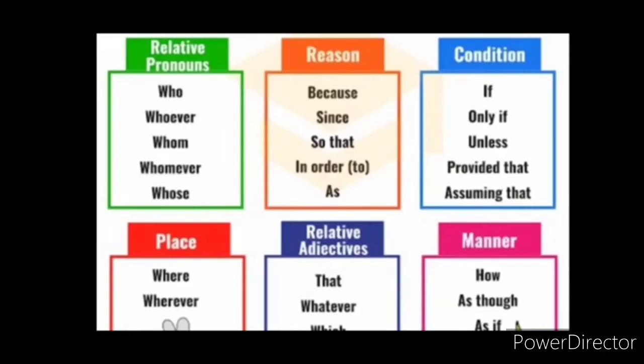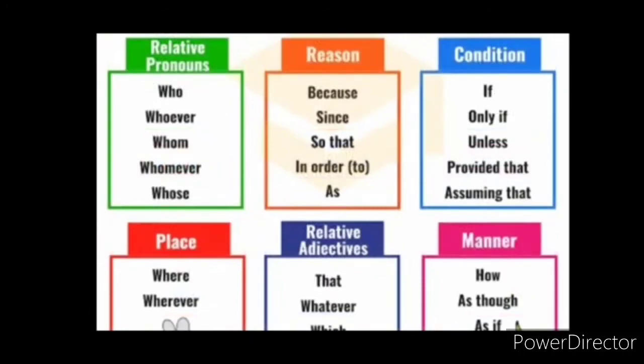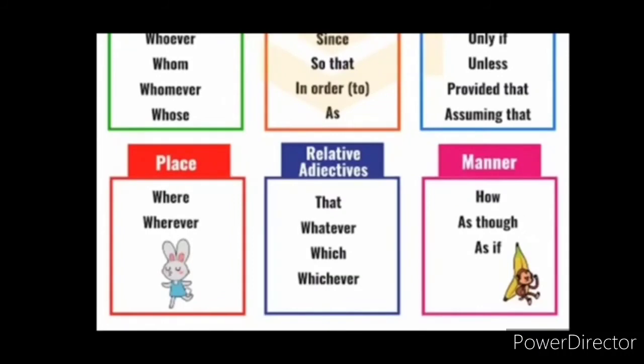in order to, as. And for conditions, to explain and show the condition, we have the subordinating conjunctions like if, only if, unless, provided that, assuming that. Then for mentioning the place in a sentence, we have the subordinating conjunctions like where and wherever.